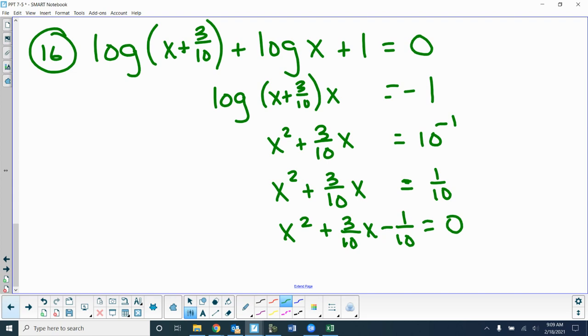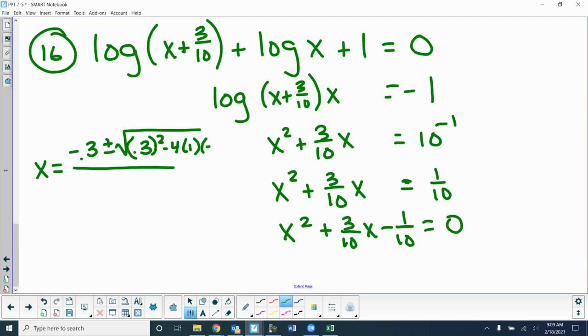So I would probably use the quadratic formula. All right? So negative b is negative 0.3, right? Can't I just use the decimal? Plus or minus the square root of 0.3 squared minus 4 times 1 times negative 0.1, over 2 times A, right?